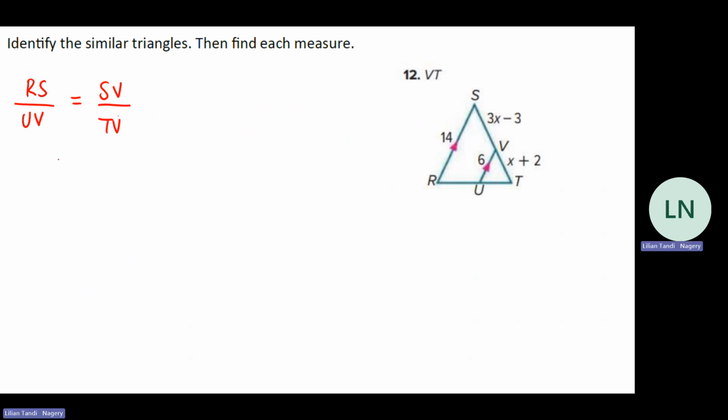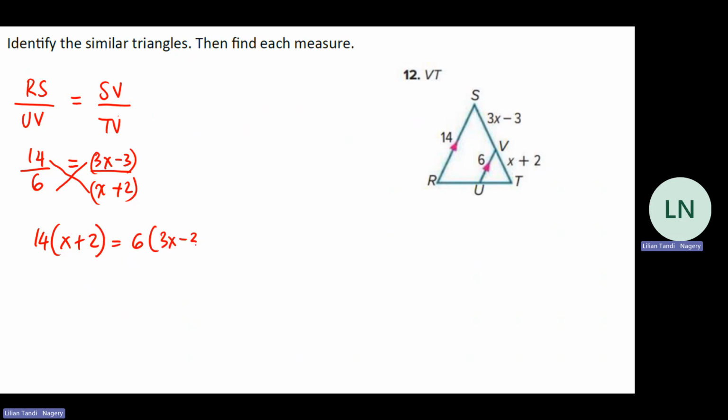Okay, RS is 14 over 6 equals 3x minus 3 over x plus 2. So this is 14 times (x plus 2) equals 6 times (3x minus 3).